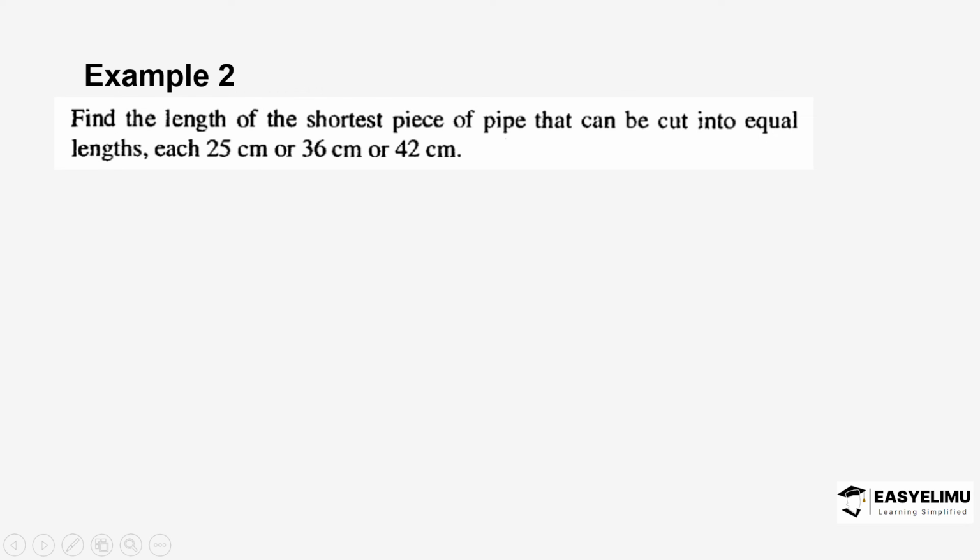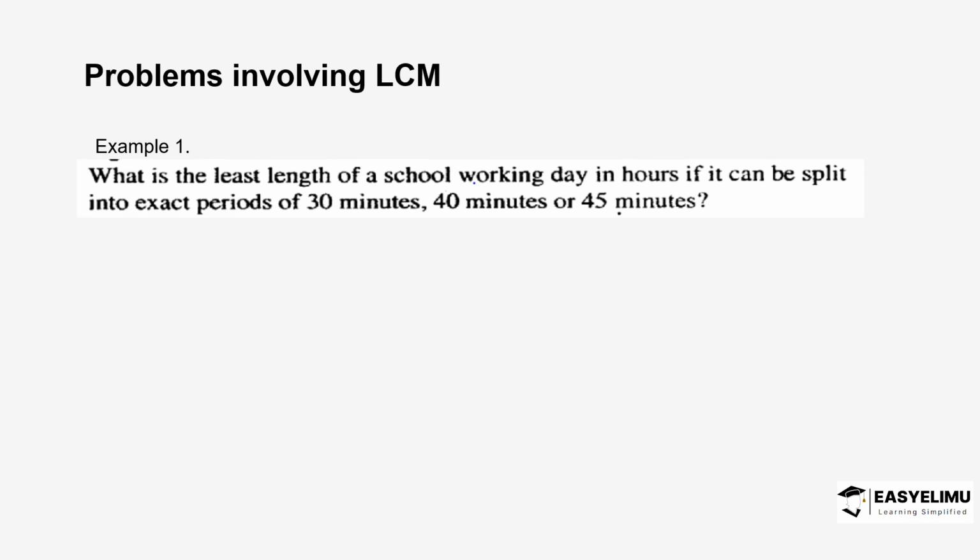So we are basically going to find the LCM of these numbers, and that is going to give us the least length of the school working day in minutes. And then because this question is asking for that length of time in hours, we'll have to reconvert that time back into hours.